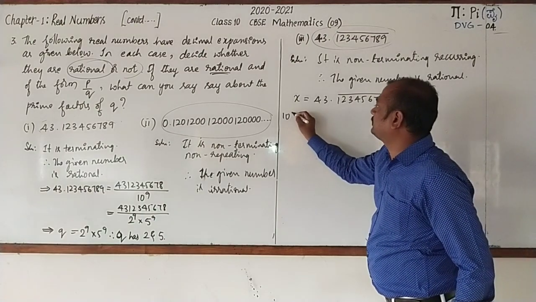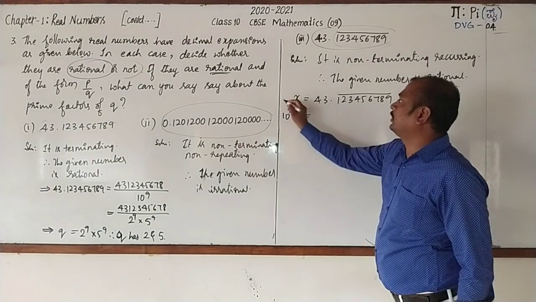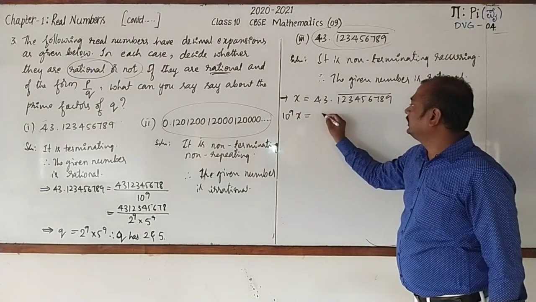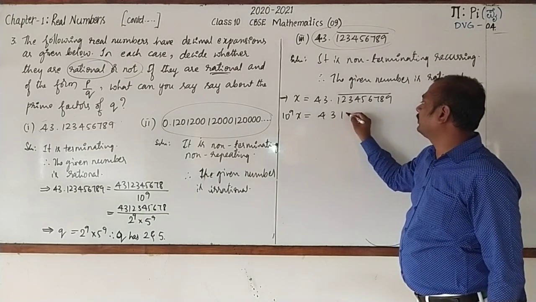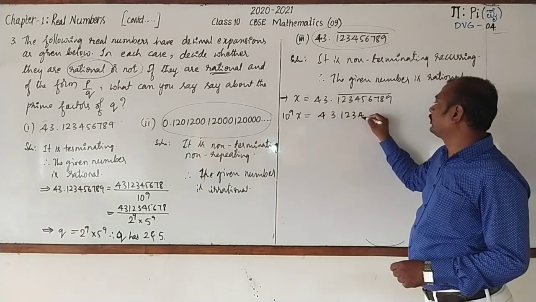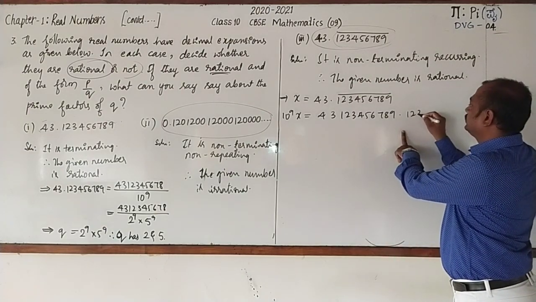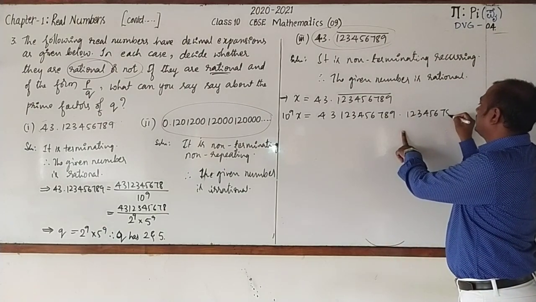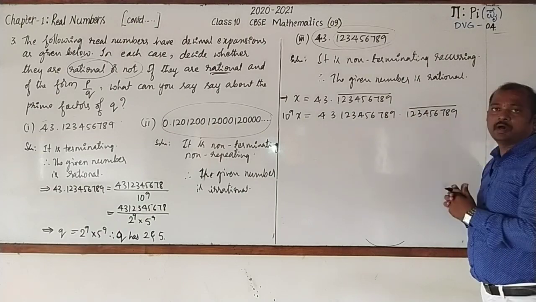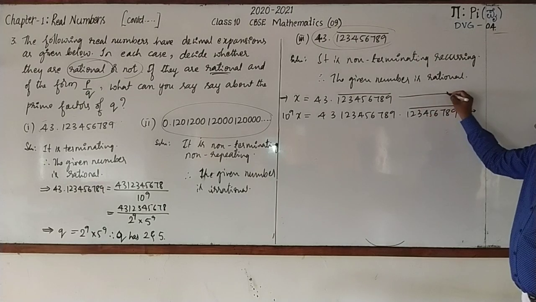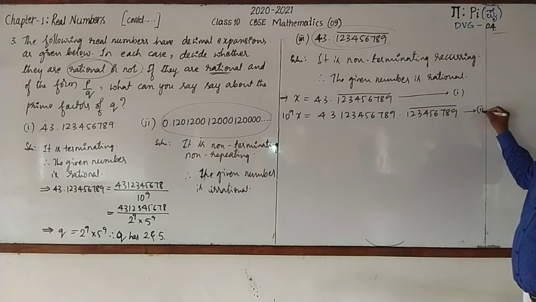So 10 raised to the power 9 x, when you multiply 10 raised to the power 9, it will be 43123456789.123456789 and so on. That is bar. Call this as statement 1, this as statement 2.